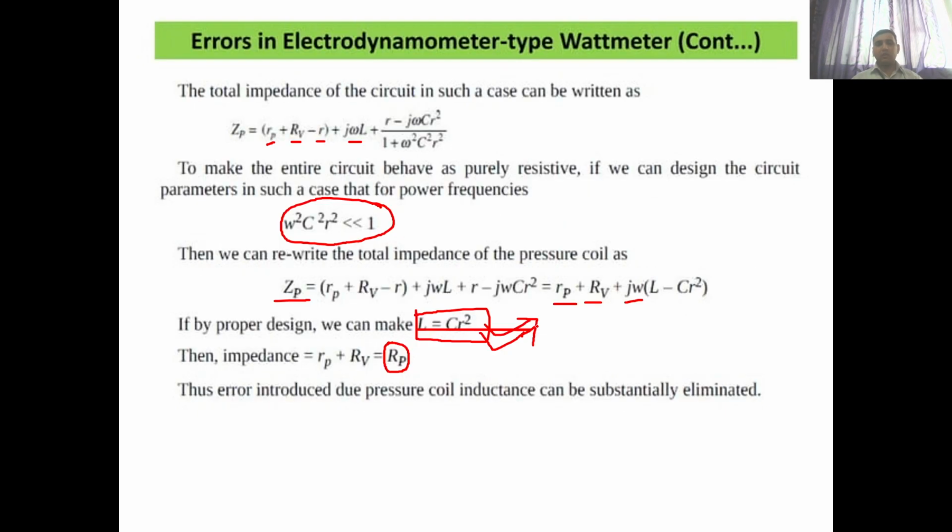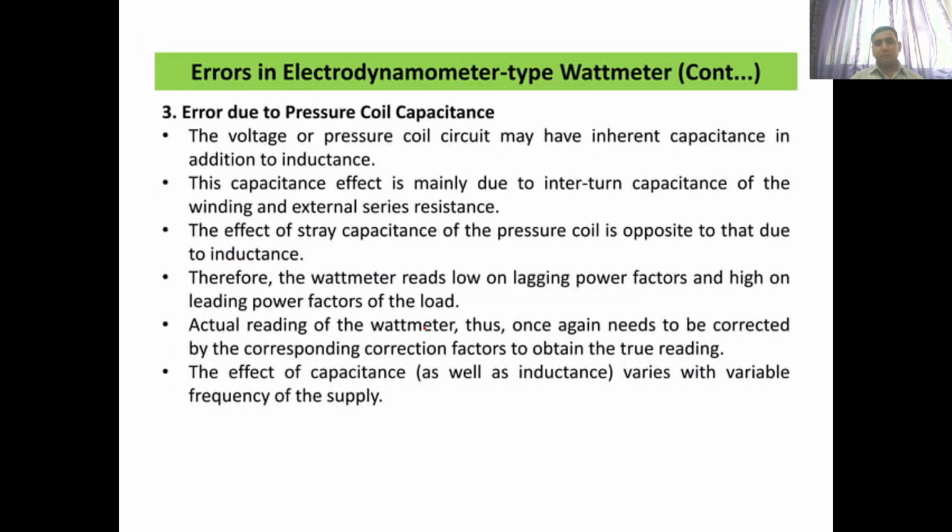Now, third thing: having compensated the inductive effect in the coil by using the condition that inductance has to be equal to C R square, the next effect is that of the pressure coil capacitance. In any coil carrying some current, there are charges across it, positive and negative, with air as a medium.